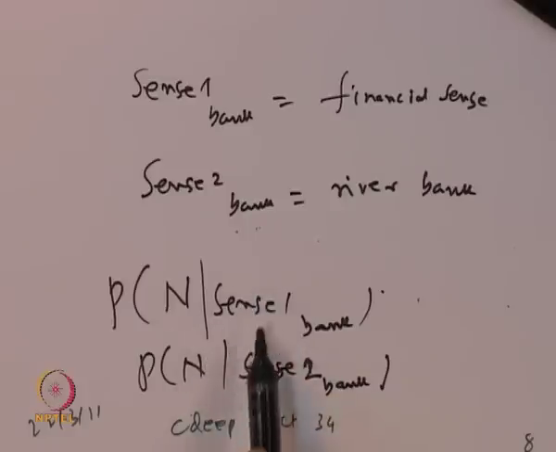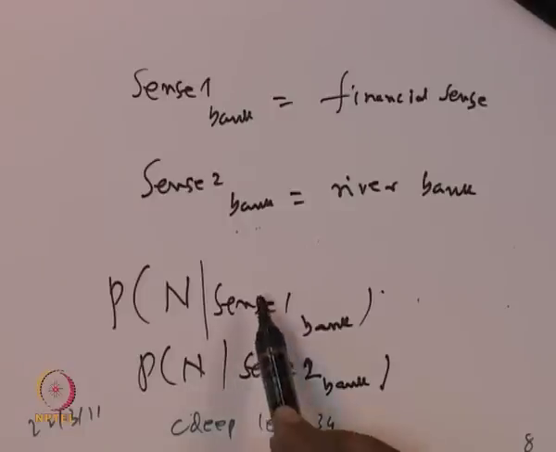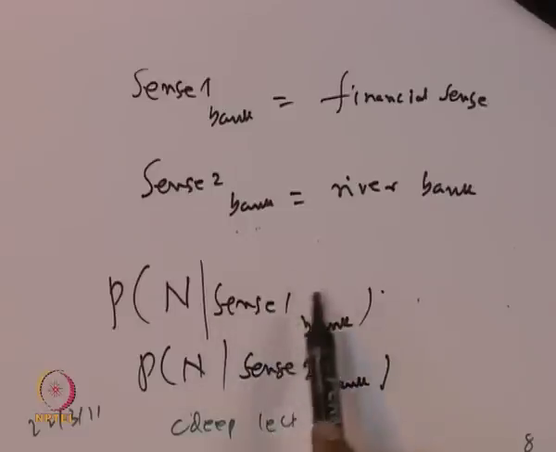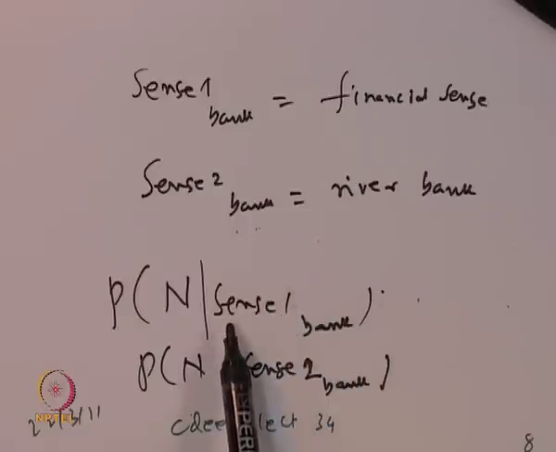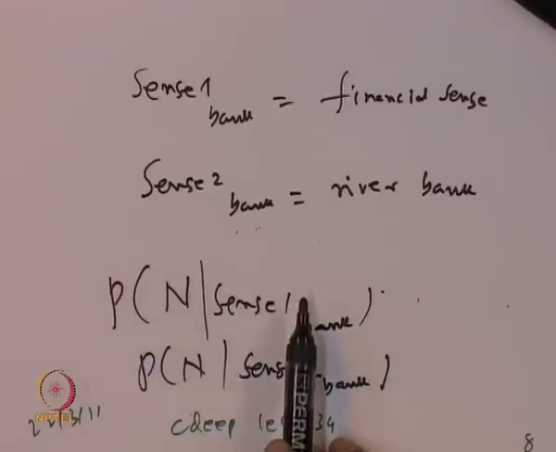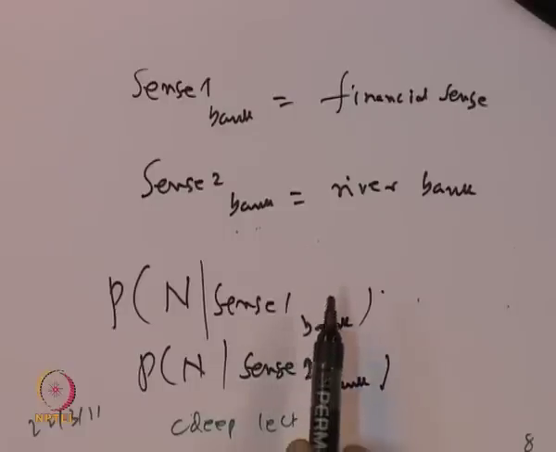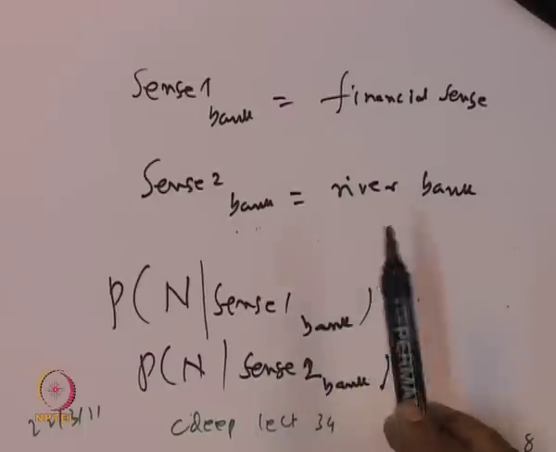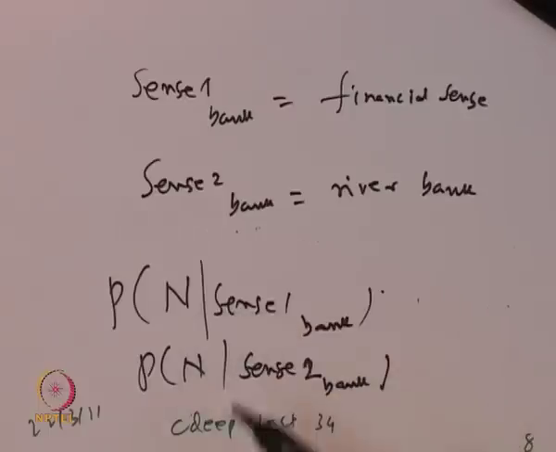Okay. So, these two probabilities may not be very distinct, and thereby they may not be playing such a crucial role in deciding the financial sense versus river bank sense. However, we must note that if the domain becomes restricted, suppose it is a tourism domain where the river bank sense of bank possibly appears more, then we will see a difference between these two probabilities. But another feature will have much more remarkable influence.